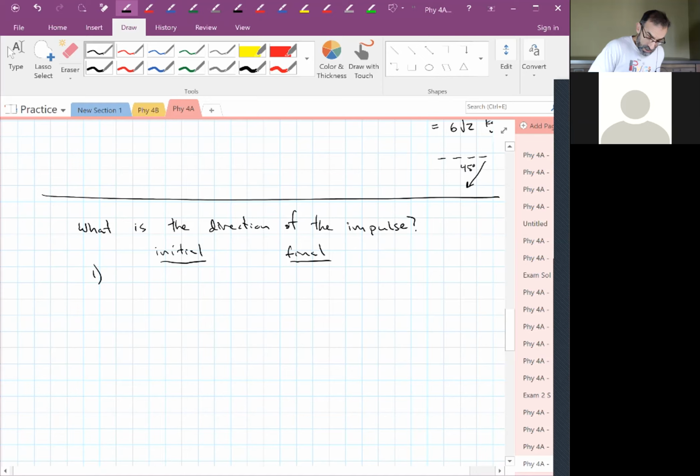So we've got our object moving 3 meters per second. And then it's moving 7 meters per second the other way. What was the direction of the impulse?